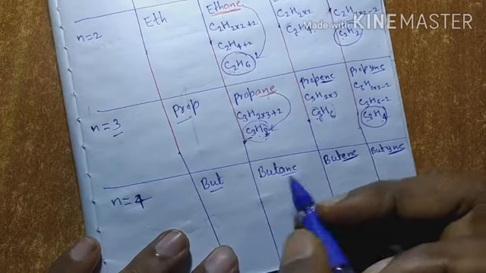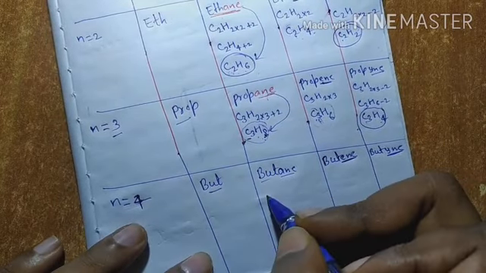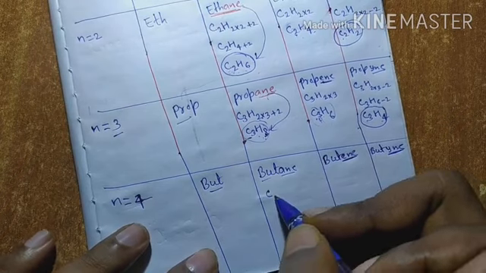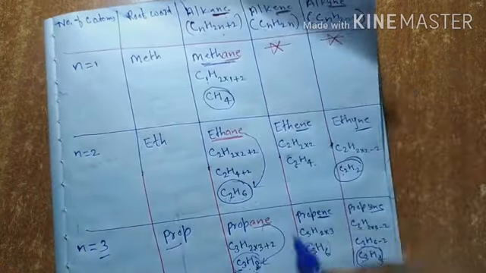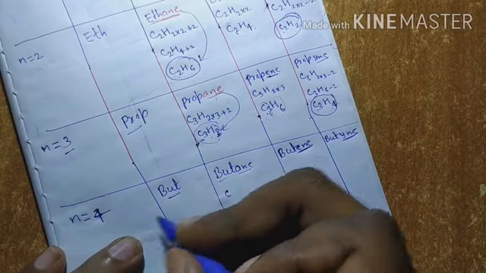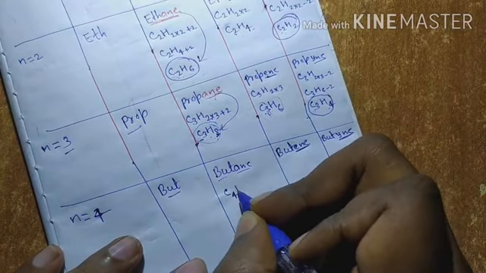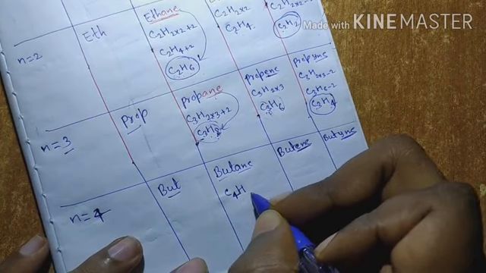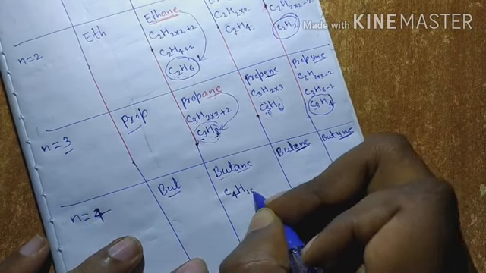But how will you write butane? Butane means the number of carbon is 4. So I am directly writing C4. Otherwise you can use this formula and you will get the molecular formula. The number of carbon is 4, C4 is here, and H is double, 4 times 2 is 8 plus 2, 10, H10.